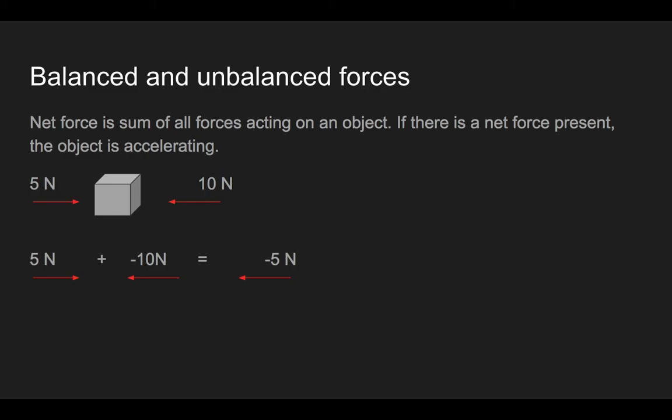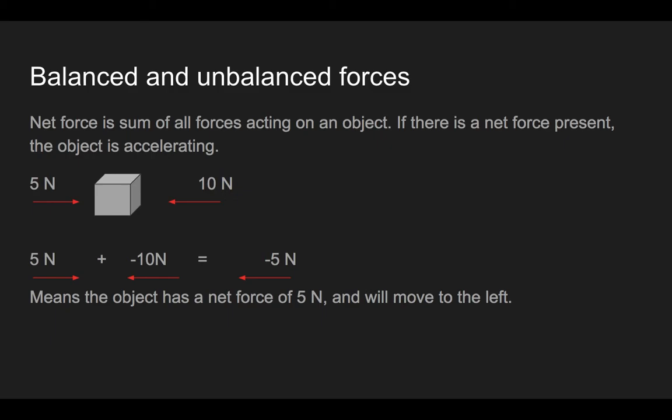This essentially means that if you're pushing the block to the right with 5 newtons of force, but then there's another person pushing the block to the left with 10 newtons of force, you know that the 10 is greater than 5, so it's going to go to the left with 5 newtons of force.